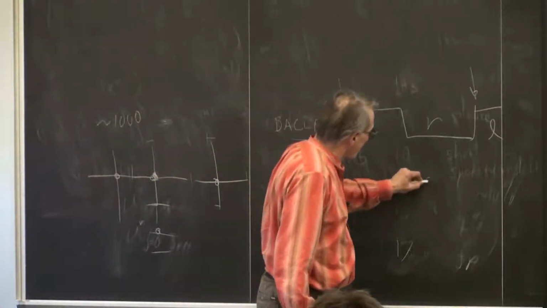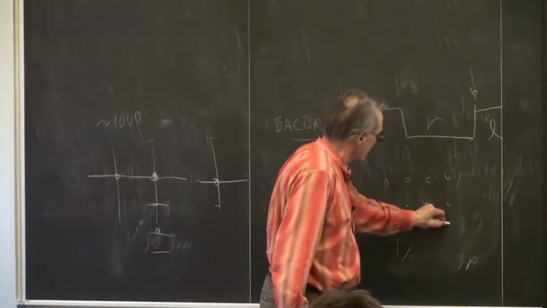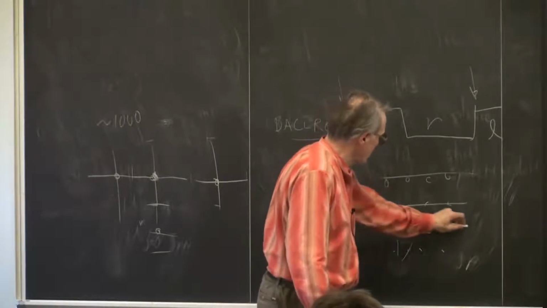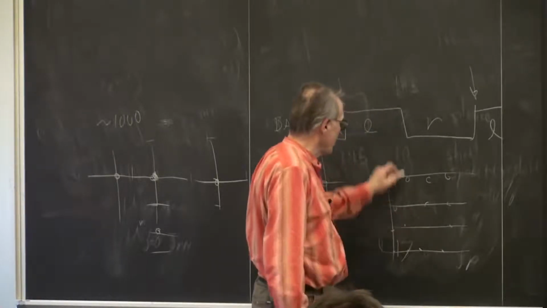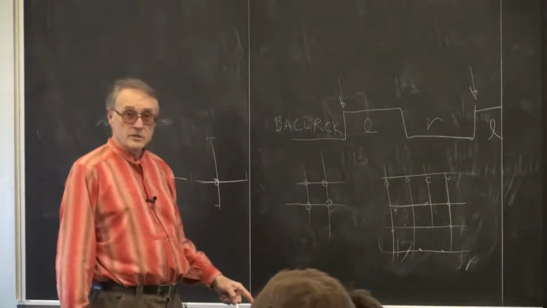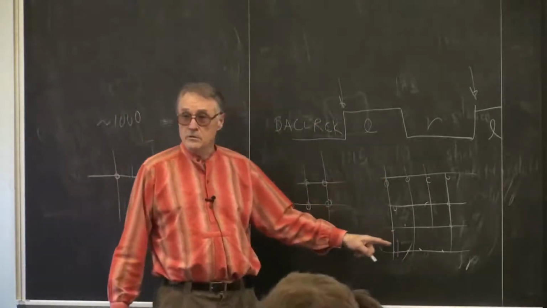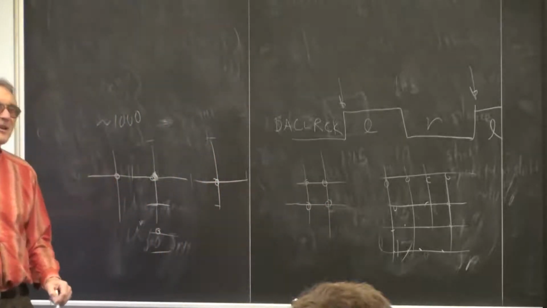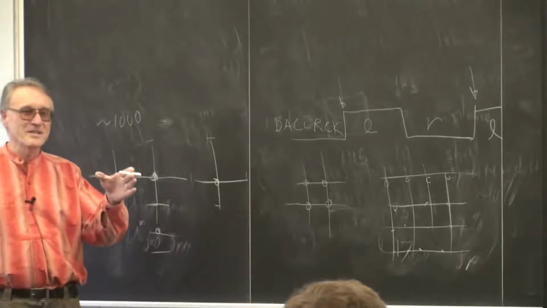Let's do a 4x4. We do a 4x4. Now we have to make 16 connections for 16 nodes. So the connections are actually scaling well as a percentage of the number of nodes.